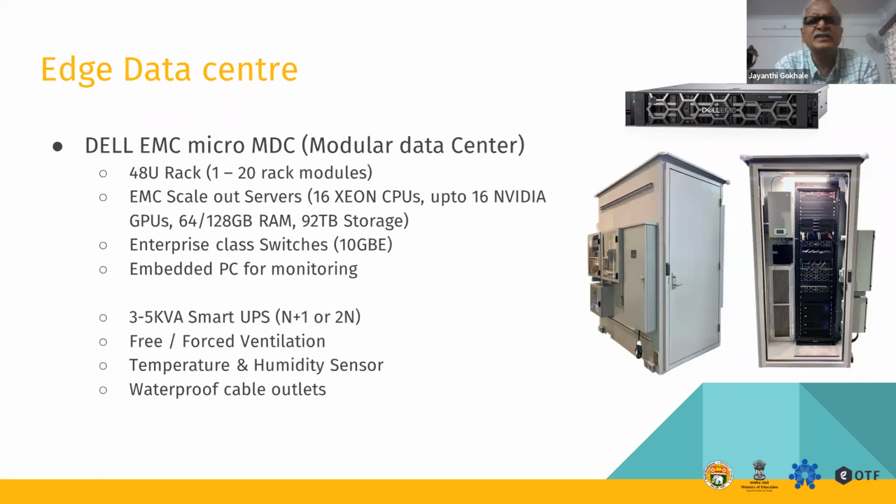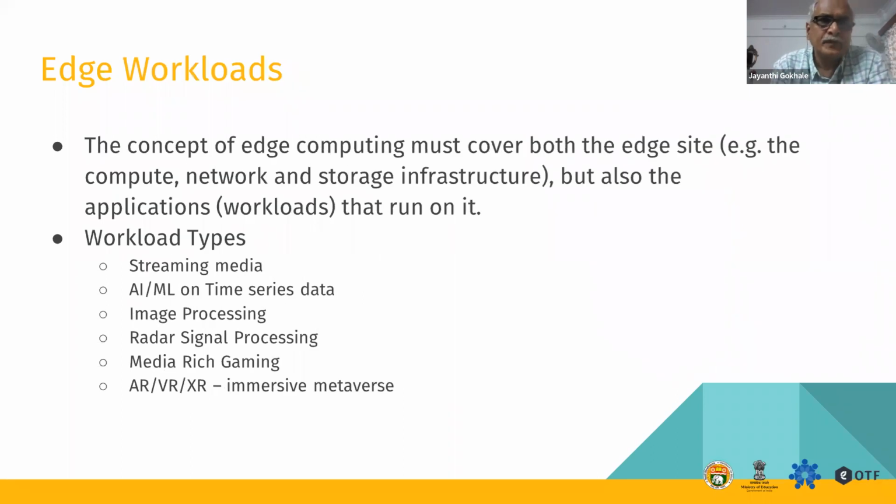Once again, for redundancy, you can have N+1 or 2N models for power. Then there is ventilation, free and forced ventilation, temperature and humidity sensors, and waterproof cable outlets, so that the cable gets connected to the network infrastructure. Right? So this is what is integrated into one modular data center.